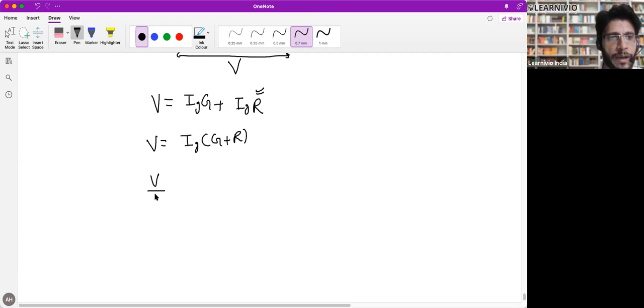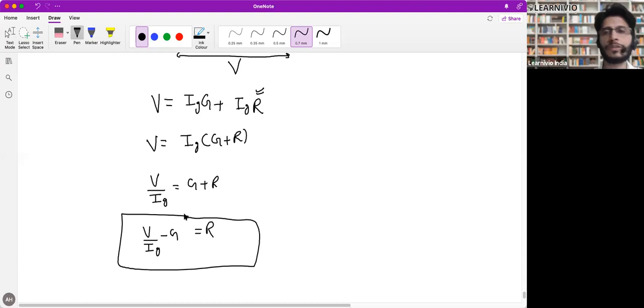We can divide by Ig, V by Ig is equal to G plus R. Then we can write R as V by Ig minus G.